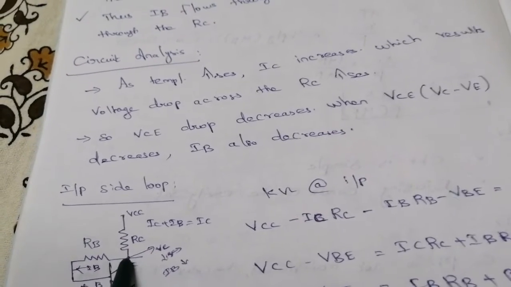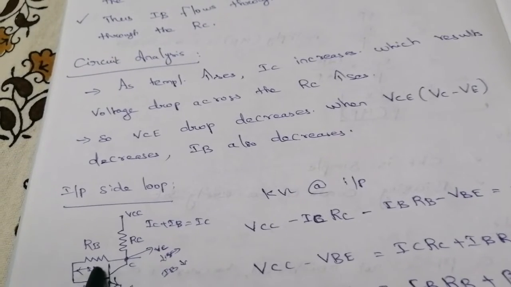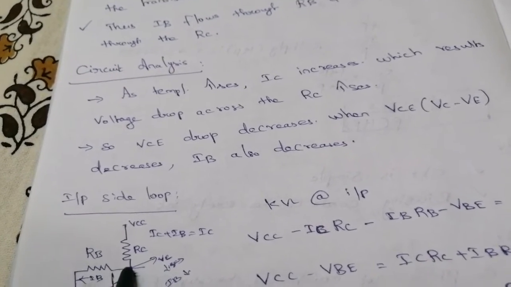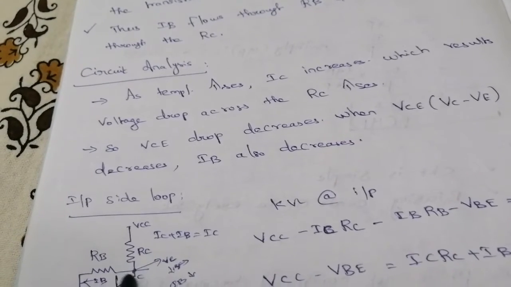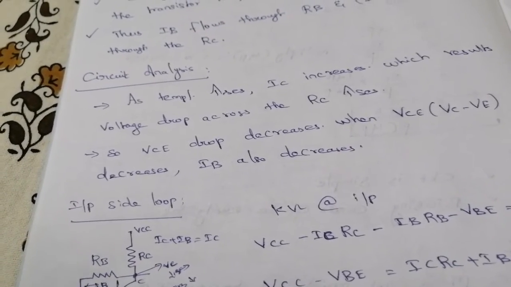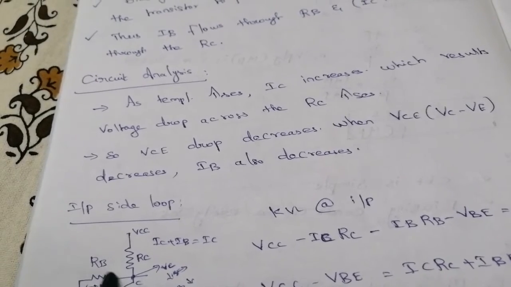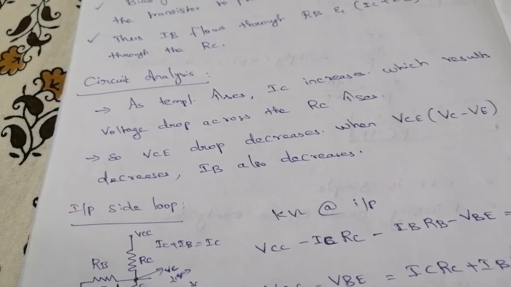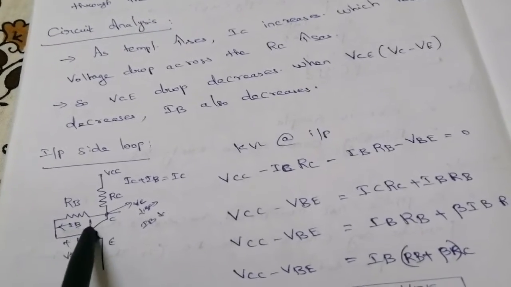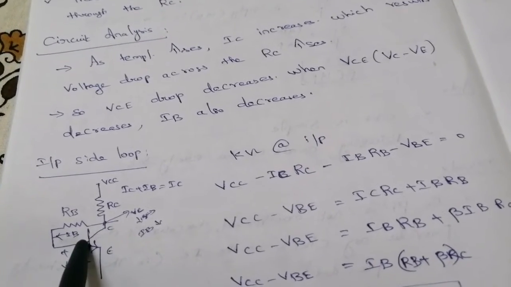If this voltage decreases, it automatically reduces the base current, because the base current flows through the collector to base resistor. So this collector voltage reduces, it reduces the base current, and in that way we can control the collector current. By varying the base current we are able to control the collector current. Is it clear?